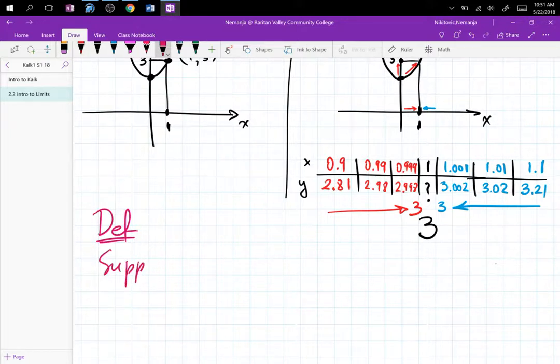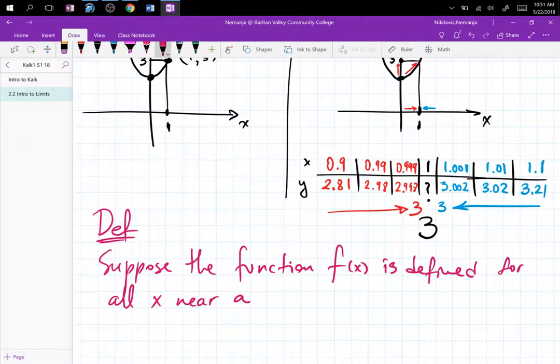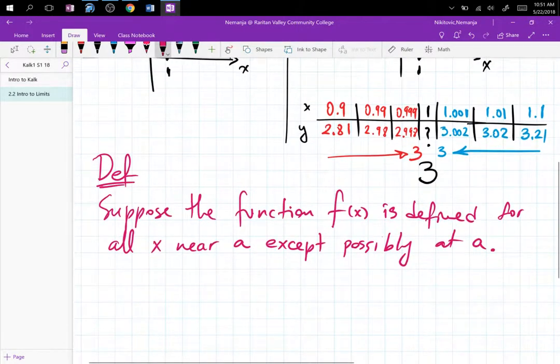So suppose the function f of x is defined for all x near a except possibly at a. We'll talk about this phrase.